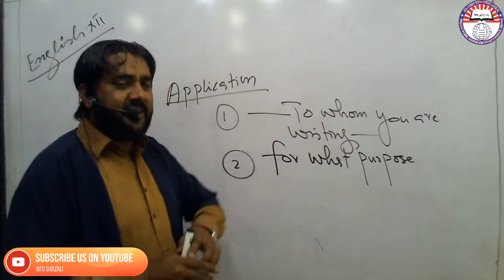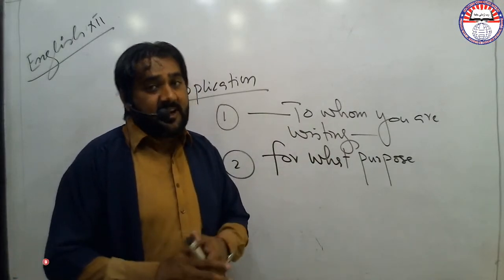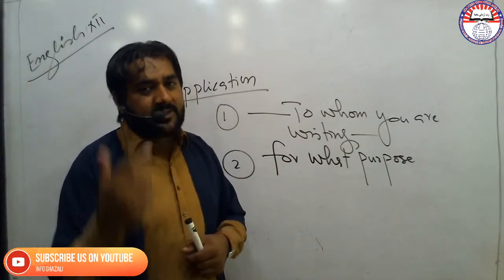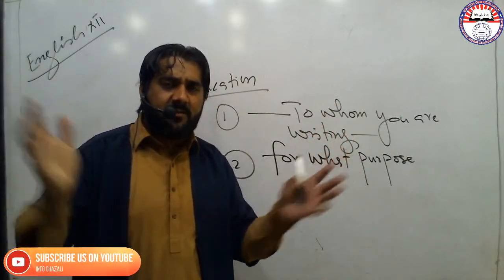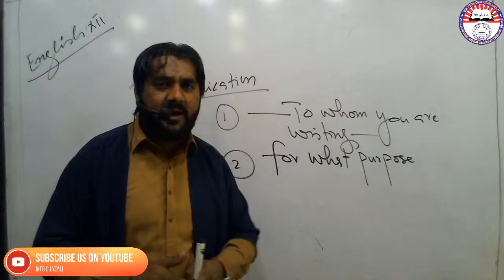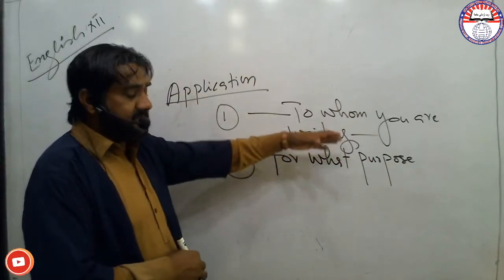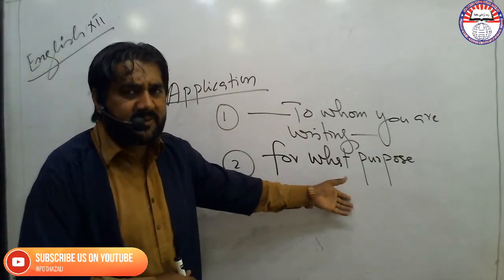This is how we always set purposes. There is also a purpose or aim of your life. Why are you studying? There are a number of purposes, aims and objectives that we have in our mind. So whenever we write an application, we have a certain purpose.